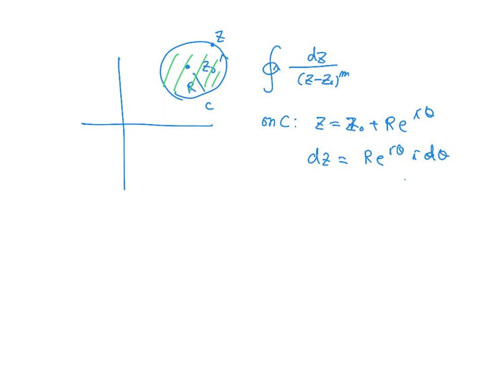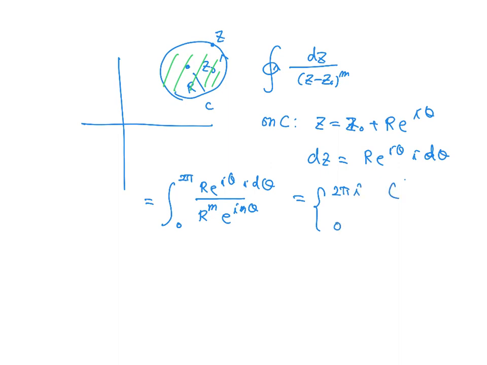So this integral is the same as this, from 0 to 2 pi of r to the m exponential i m theta, r exponential i theta, i d theta. So same as the case of the origin, the result will be 2 pi i or 0 otherwise.